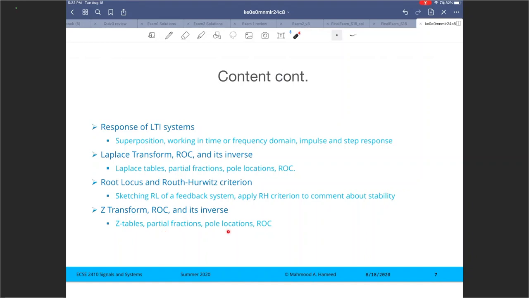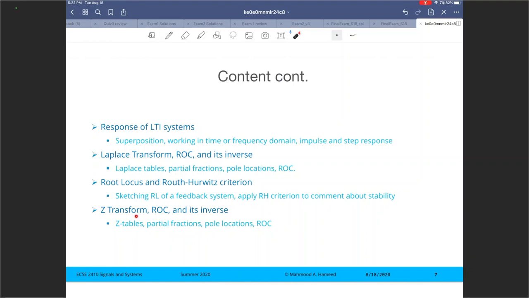Again, pole locations here and also the region of convergence over here. Difference is now you will be dealing with circles as opposed to the right of the plane and to the right of the pole and to the left of the pole. Now we'll be dealing with exterior of a pole and exterior of a circle and interior of a circle.